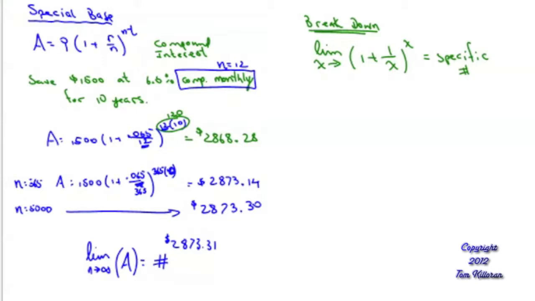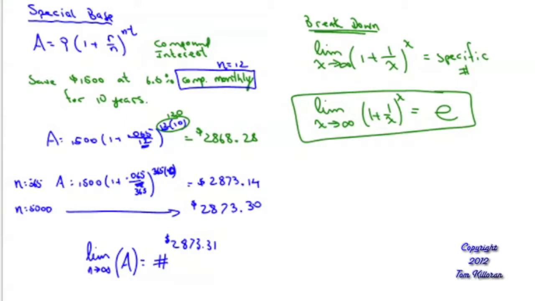Because it's doing the exact same thing as the compound interest thing is doing. Now, what's interesting about that specific number, it's like 2.71828, blah, blah, blah. Well, we define it to be, ooh, I forgot my infinity, to equal this number, e.